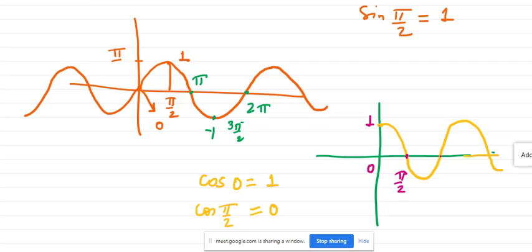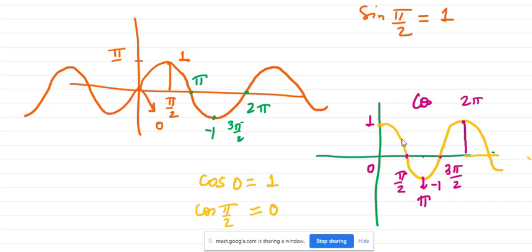At this point the angle is pi, and for pi it's minus 1. Then here you'll get 3 pi by 2, and here you'll get 2 pi. So this is the graph for cos. These two graphs are clear?